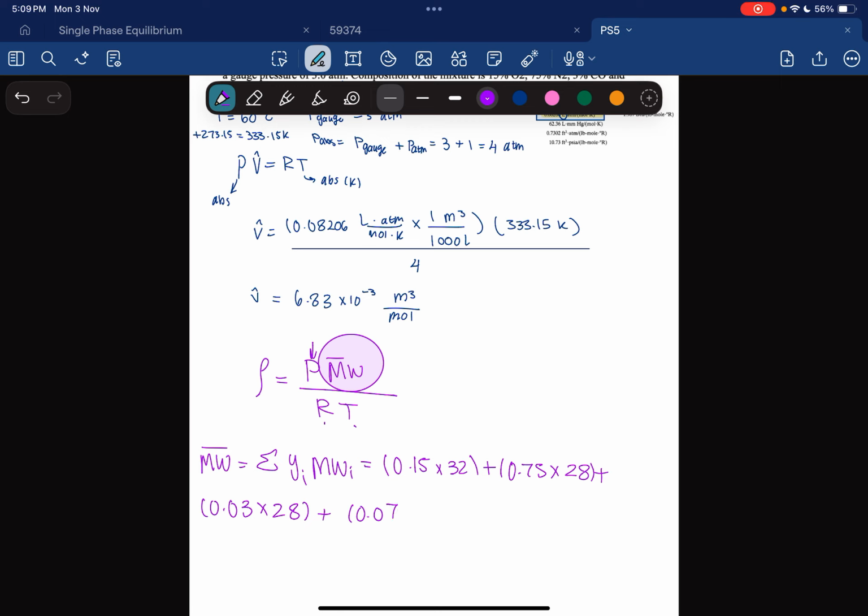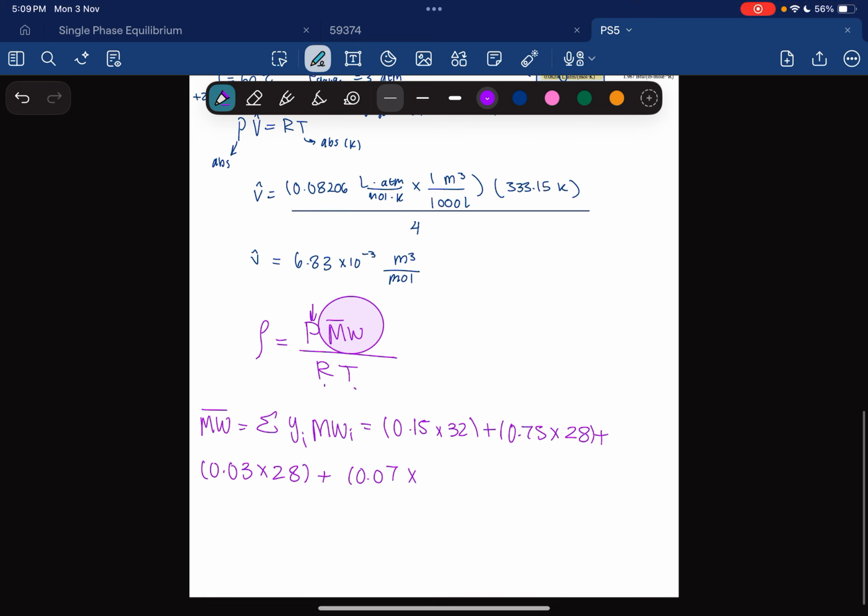And then we will have left the molar fraction of CO2 and the molecular weight of CO2. Now the average molecular weight, if you do this calculation, you will get as 29.72 grams per mole of the mixture.